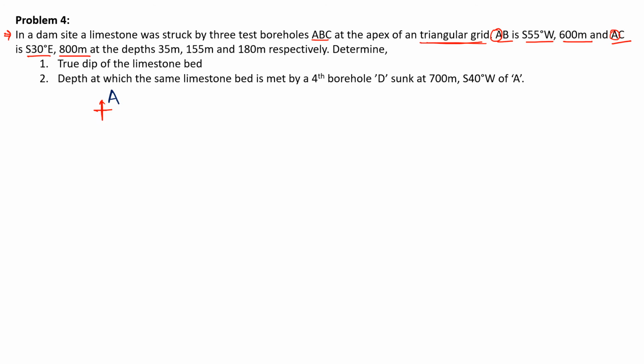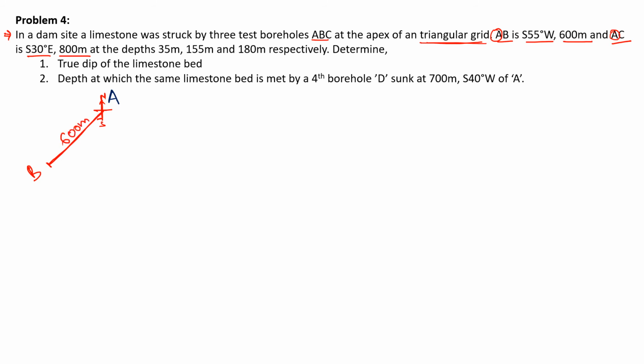Next, let's plot the dimensions. They said south 55 west. Here this is the south direction, and this is the north direction. I'll plot south 55 west, name that point as B, and the distance is 600 meters.